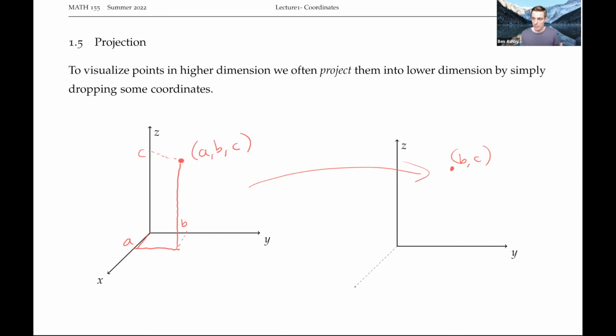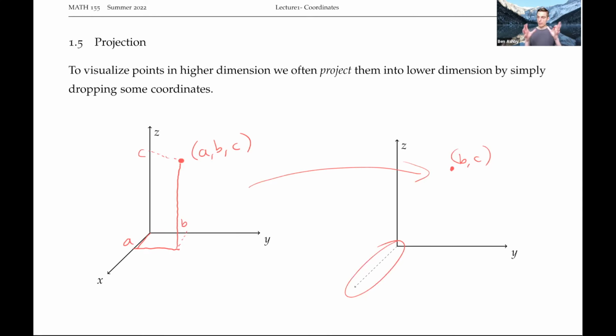So we haven't completely got rid of that information, in the sense that it still matters in terms of where it is in that 79-dimensional space as far as the antigenic map is concerned, but we can visualize it by projecting it down into a smaller number of dimensions. So here all we've done is we've just dropped what's going on in the X direction. That's why this axis is no longer represented. And you can think of this as, say, suppose you want to project the shadow of something down onto a surface.